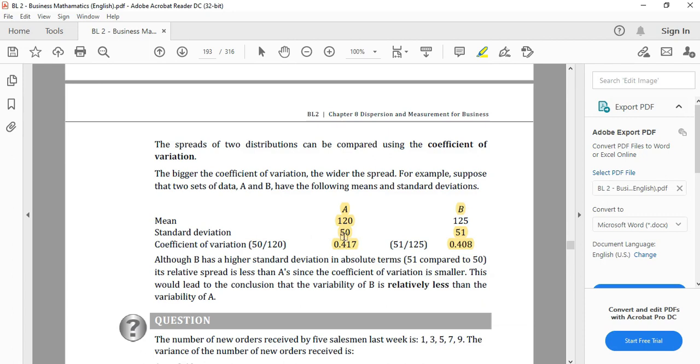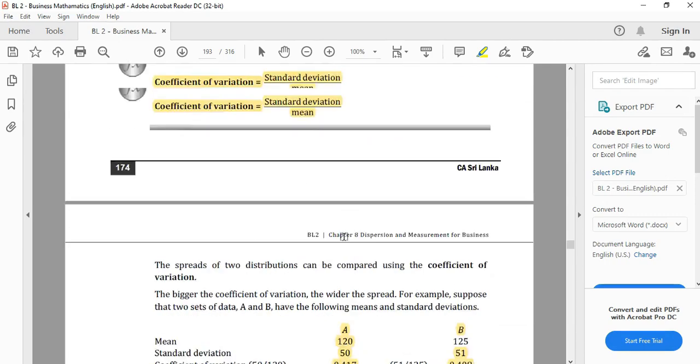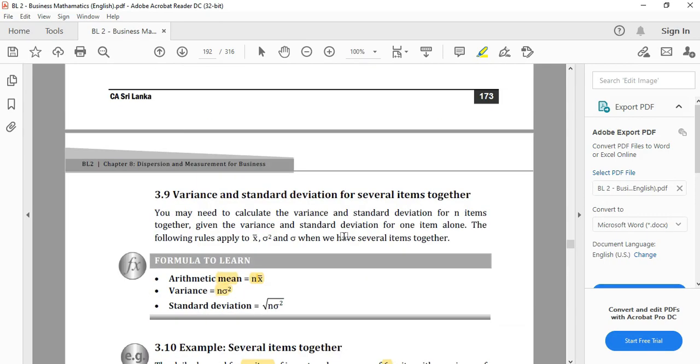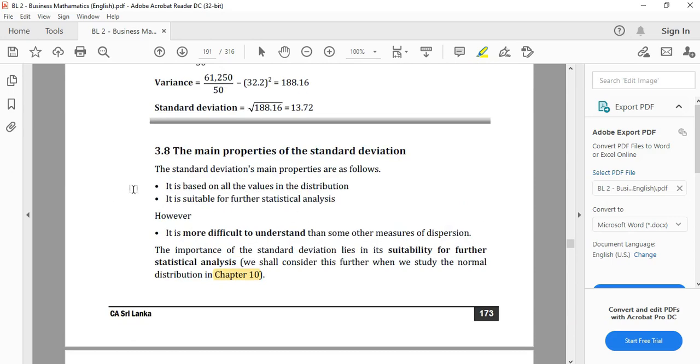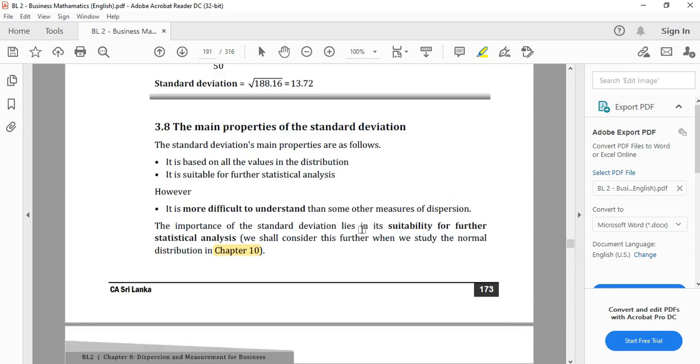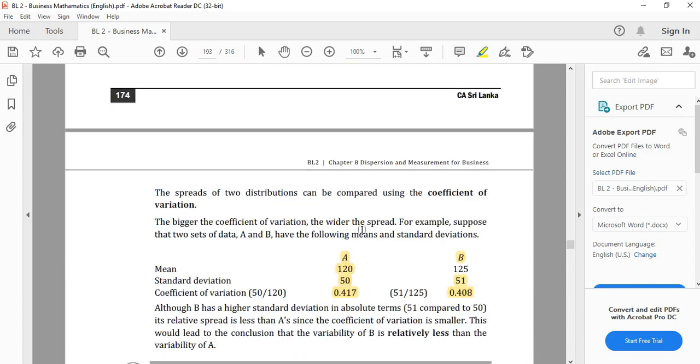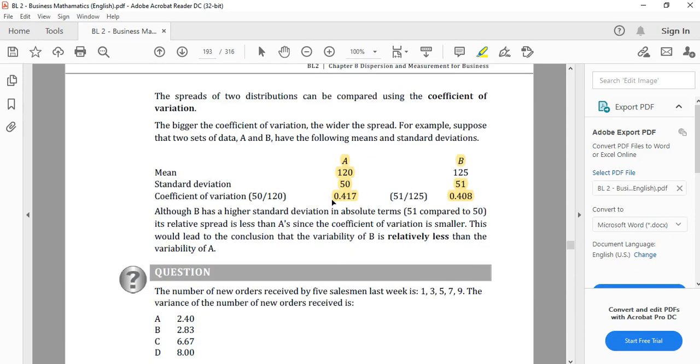Because they want to see how well the data is spread across the mean. Standard deviation also is not a perfectly suitable method for further statistical analysis, but the coefficient of variation definitely is.